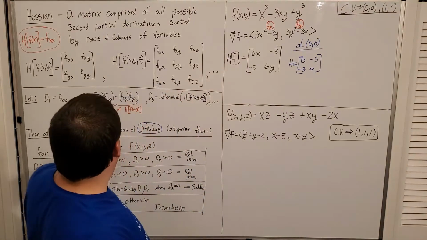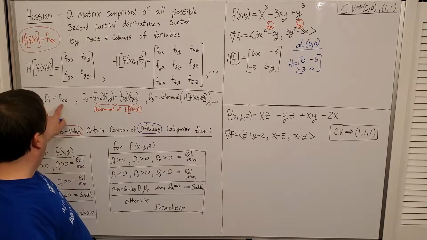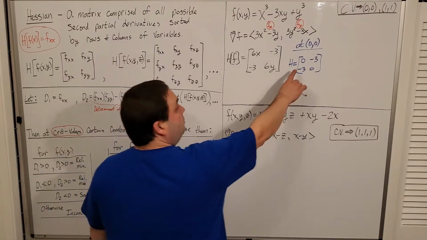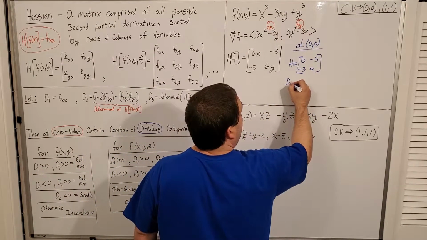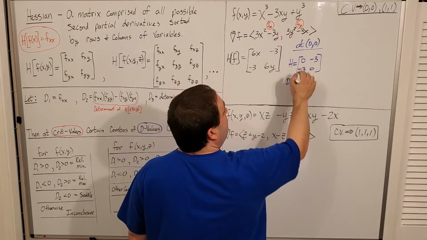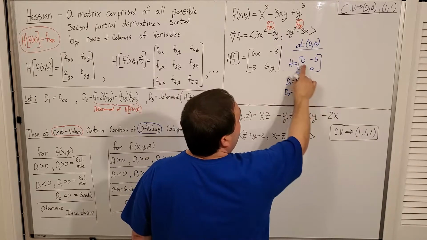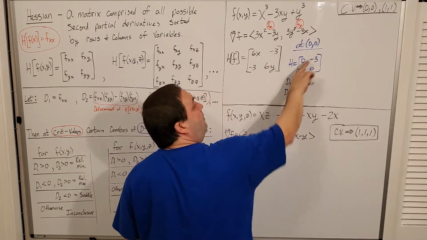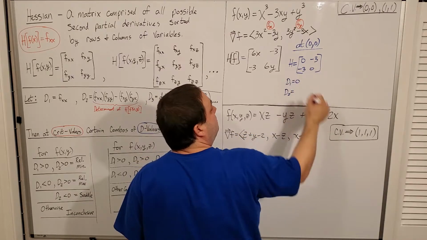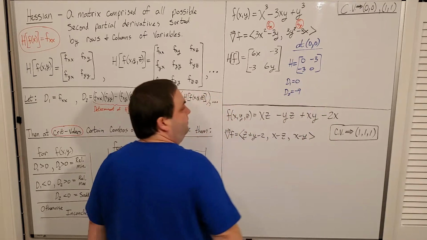So then if I do my 2 determinants, right, D1 is just the corner, right? So D1 in this case is 0. D2 is going to be 0 minus positive 9. So I'm getting negative 9.